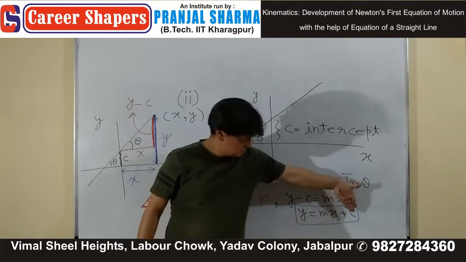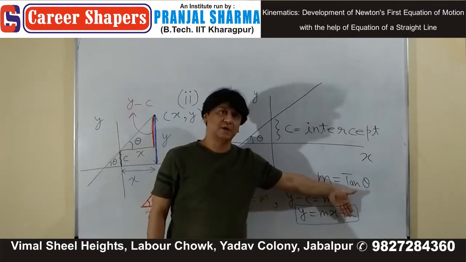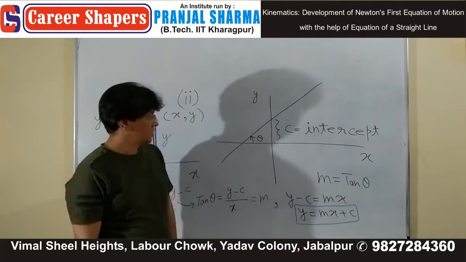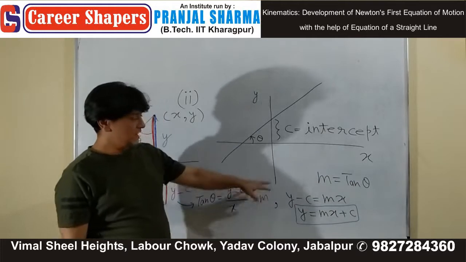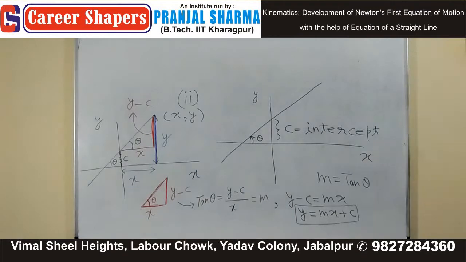Once you say c is 0, your equation is what? y equals mx. If you understand case 2, then write down yes in the comment box. And if you have any doubt, just mention your doubt.